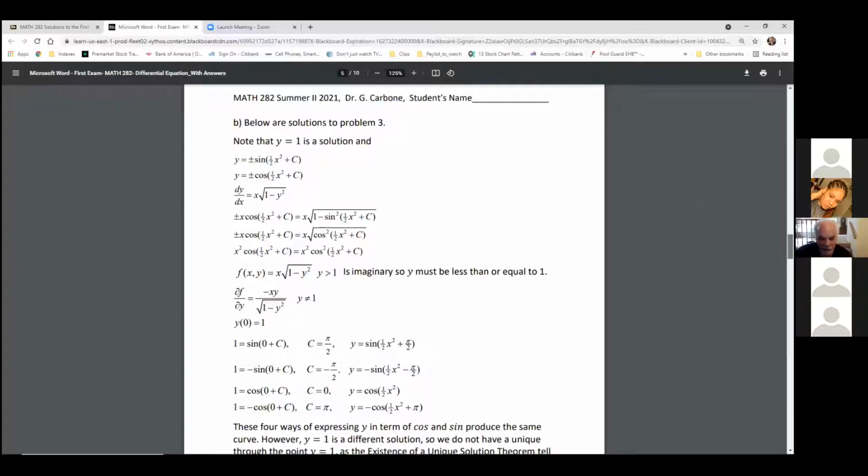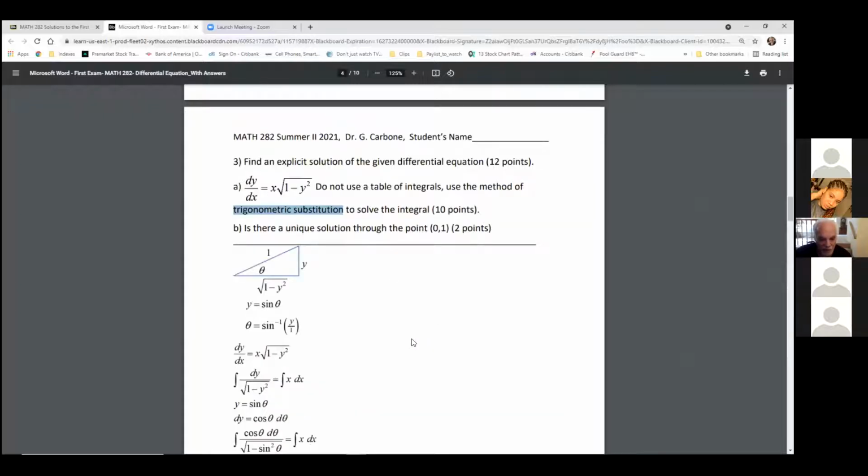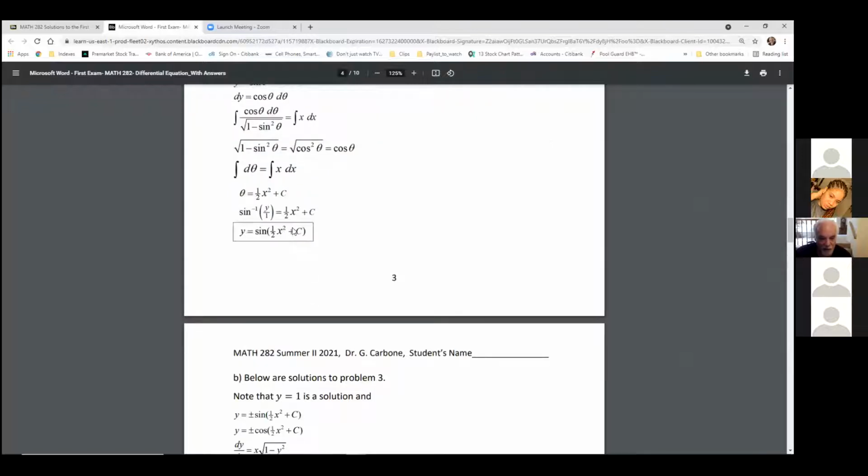As I've shown here, these four ways of expressing y in terms of sine and cosine produce the same curve. It turns out that y equals 1 is also a solution to the differential equation. We determined that this is a solution, and y equals 1 is a solution.